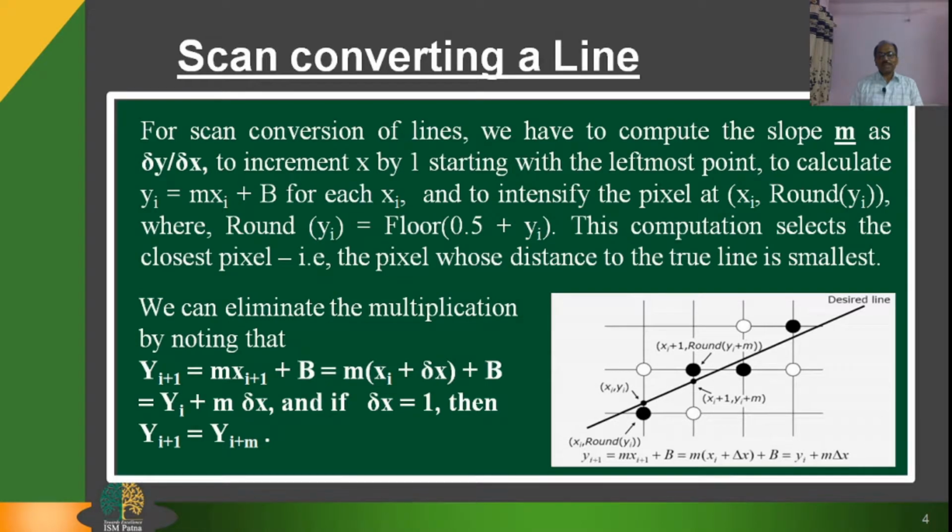This computation selects the closest pixel, that is the pixel whose distance to the true line is smallest.